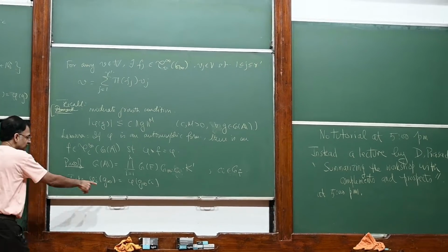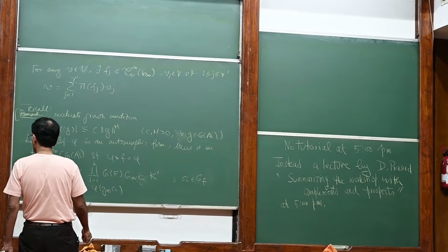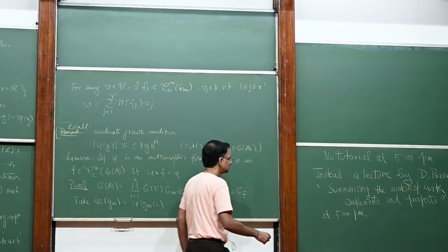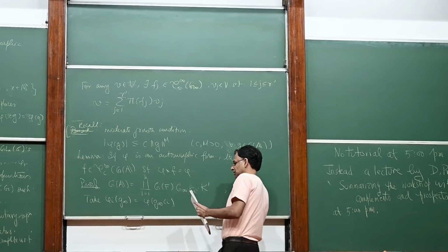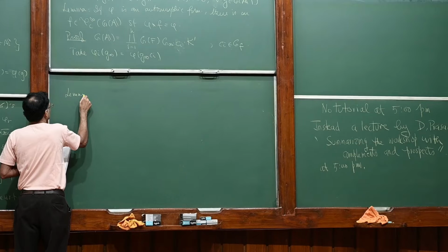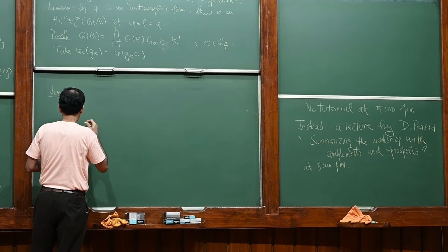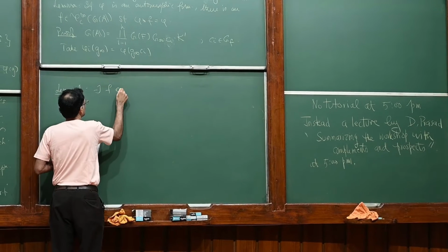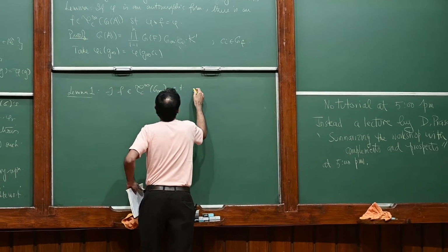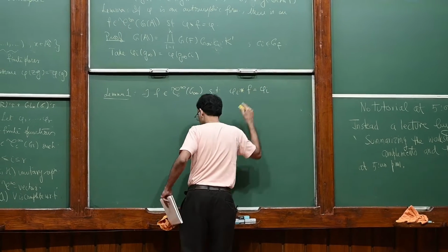So if I take phi_i(g_infinity) to be just phi(g_infinity c_i), then Lemma 1 says I can find f in C_c^infinity such that phi_i convolution f equals phi_i.